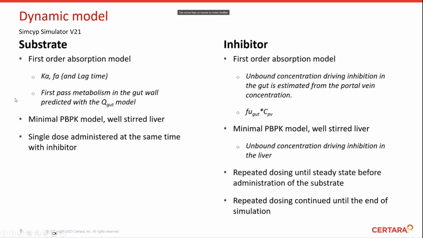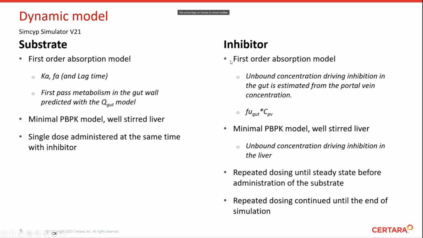The first pass metabolism in the gut wall is predicted with the QGut model within the simulator. A minimal PBPK model and well-stirred liver are used there. A single dose of substrate was administered at the same time with the inhibitor, at the time when the inhibitor was at steady state.